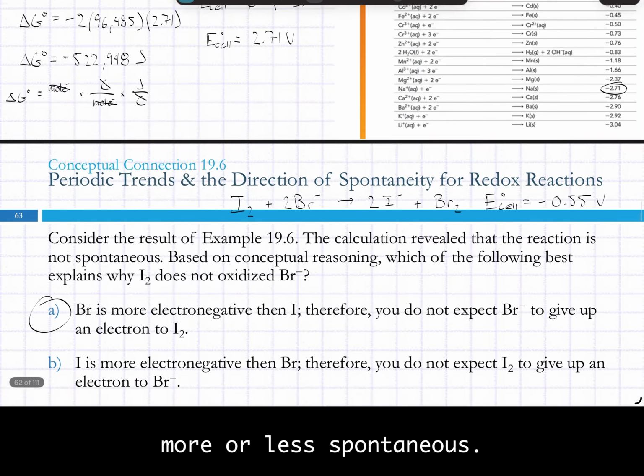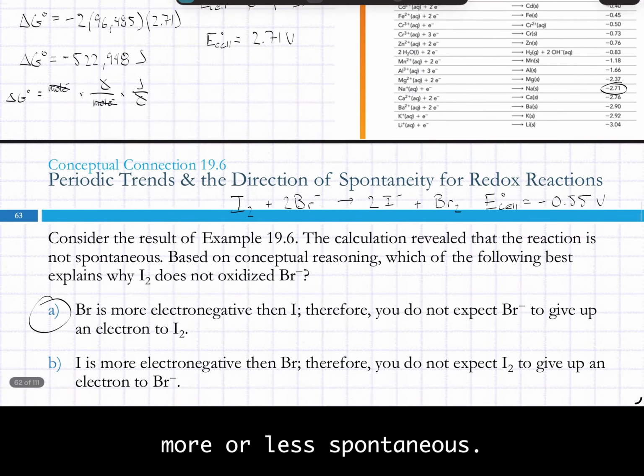So really, Le Chatelier's principle was just giving us a rule of thumb for what we can now do quantitatively. So this would make this more spontaneous. It's going to increase the voltage that I get as well.